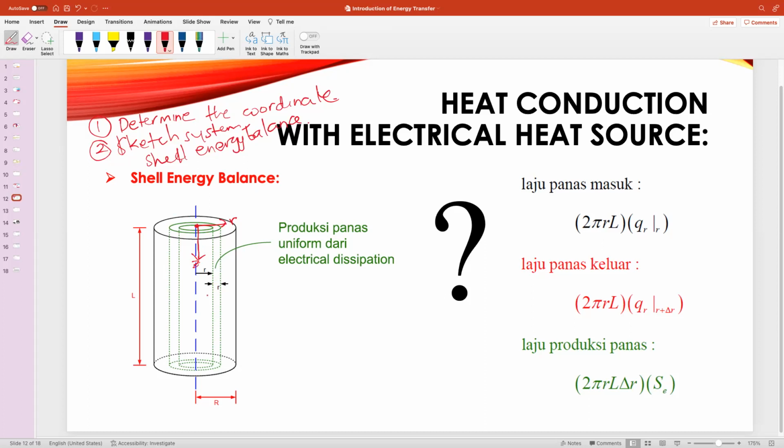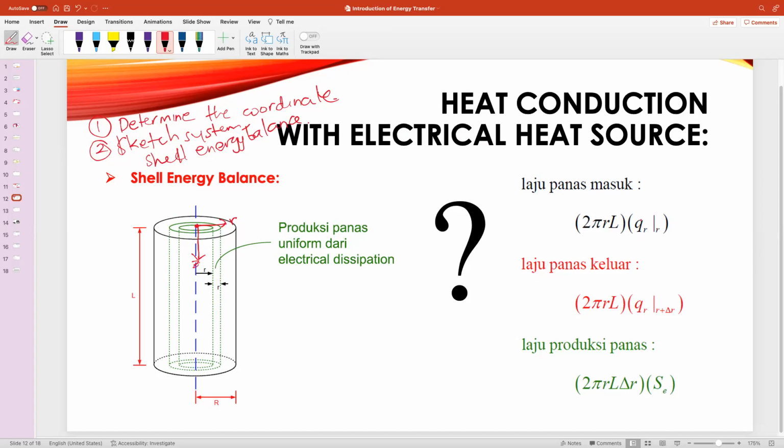We have a delta R, and then we have electrical dissipation and also heat generation. The heat flux in would be the one that we see.